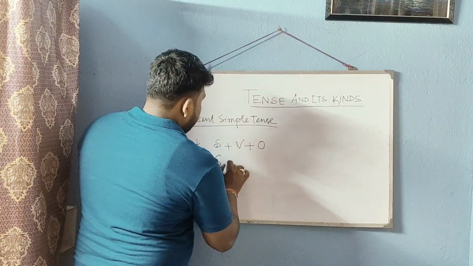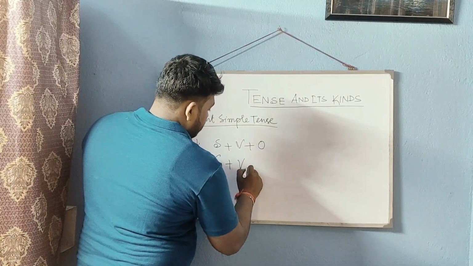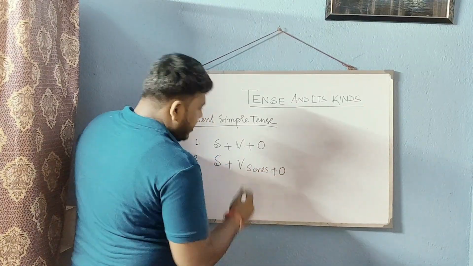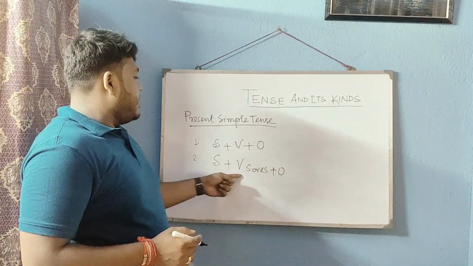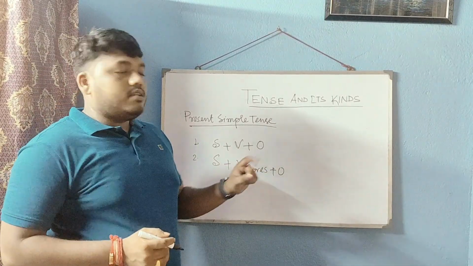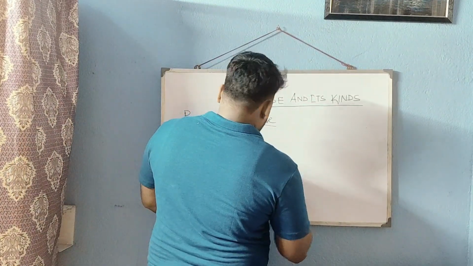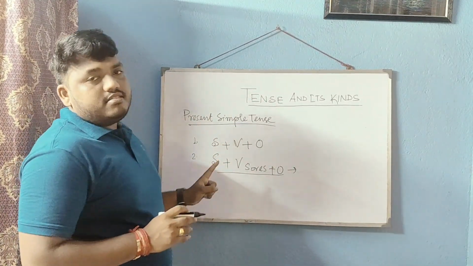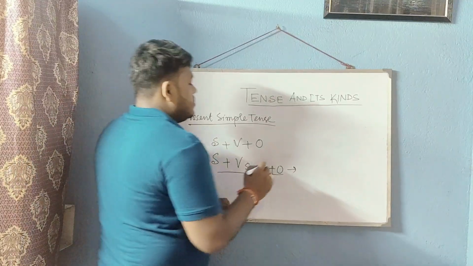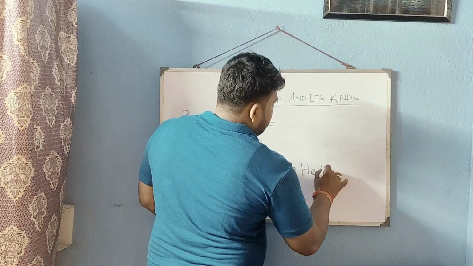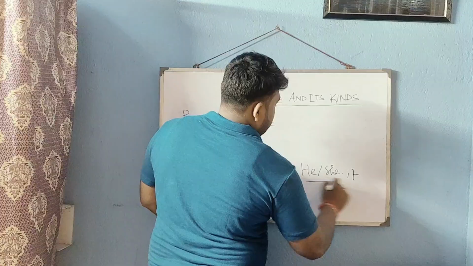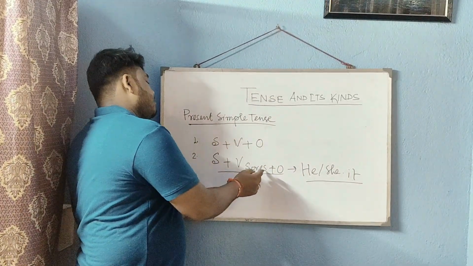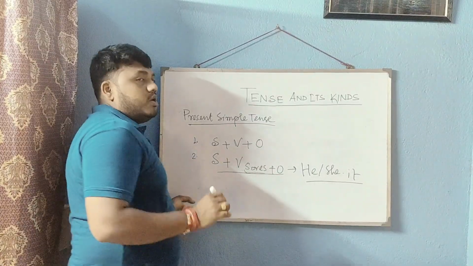Also, subject, verb with s or es, and object. It is used when the subject is third person singular number. This formula is used when the subject of the sentence is third person and singular number, for example he, she, it, anything which is third person singular. S or es gets added with the main word.